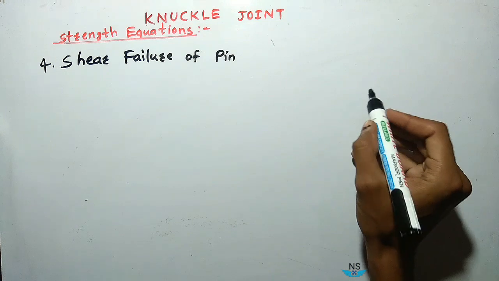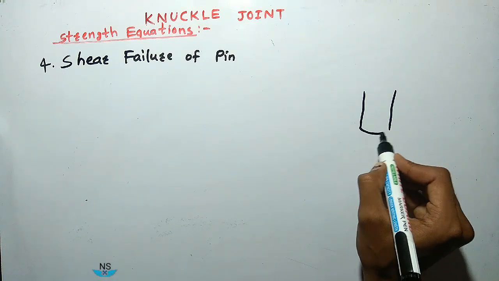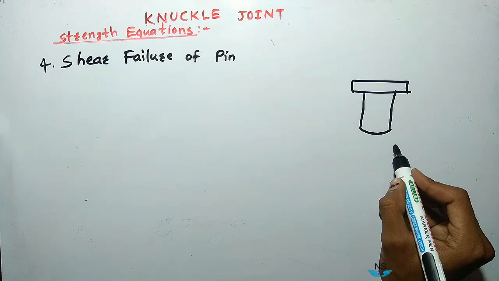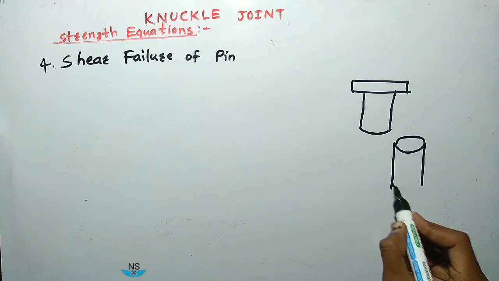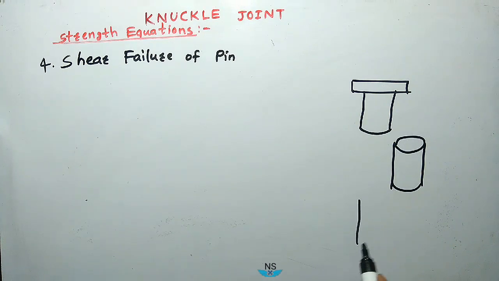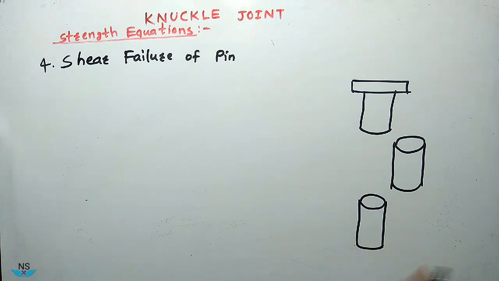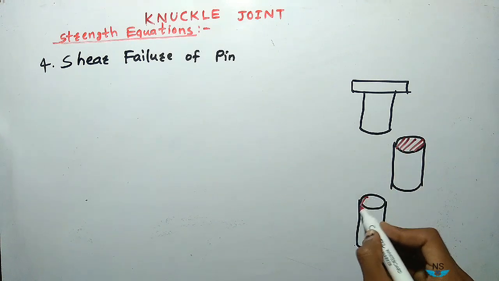So after shear failure, pin will look like this. At two sections, shear failure will take place. So this is the failure area.